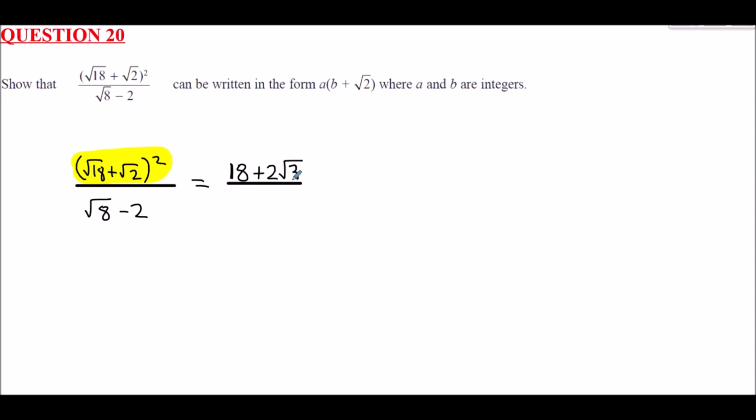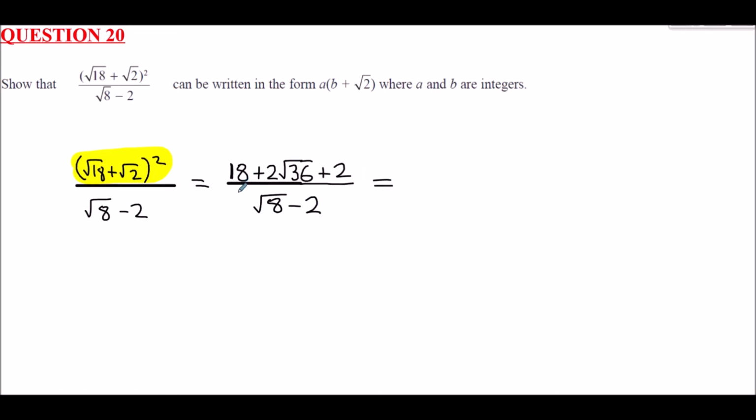If you're thinking, isn't root 36 a square number? Well, it is. I'm going to come to that in a minute. I'm just showing it step by step first of all. And then we do root 2 times root 2. Root 2 all squared gives us 2. And that's all over root 8 minus 2.